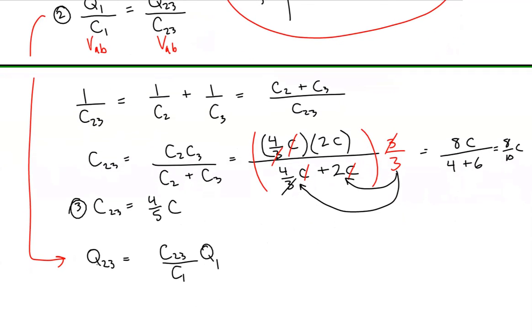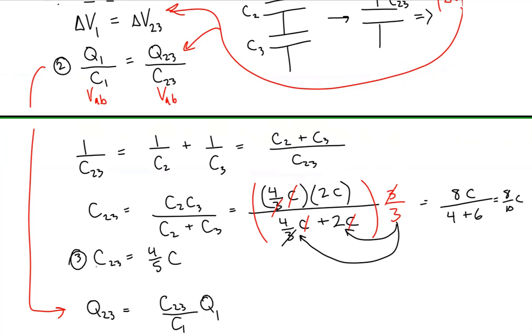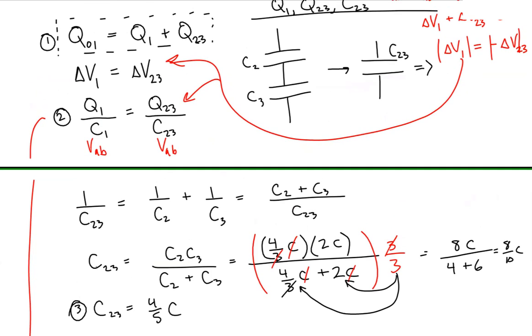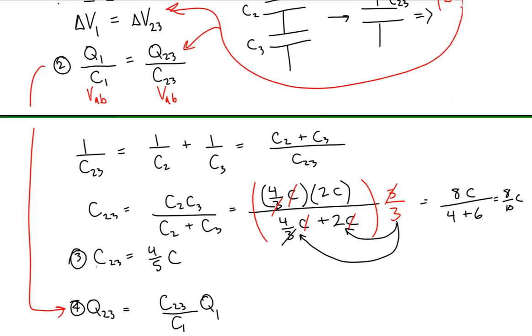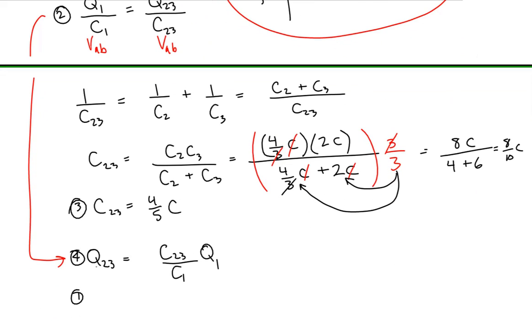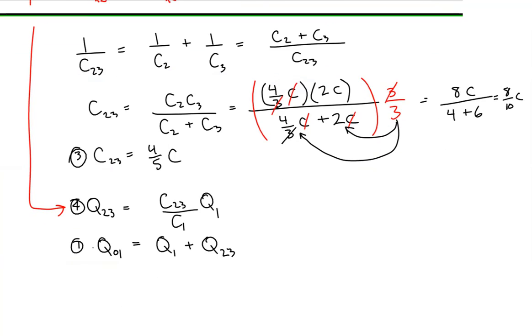And by doing that, I'm just reducing the unknowns we have. I'll call this equation 4. And now that I have equation 4, I'm going to put equation 4 into equation 1. Remember, equation 1 said that our initial charge on capacitor 1 is equal to the new charge on capacitor 1 plus the charge on our equivalent capacitor combination.